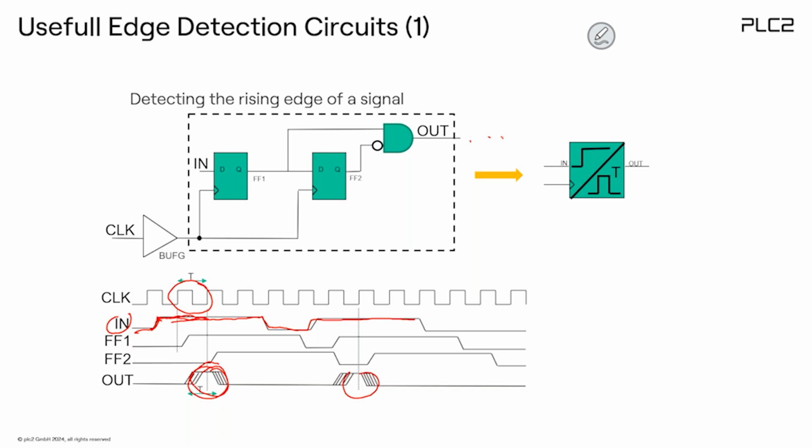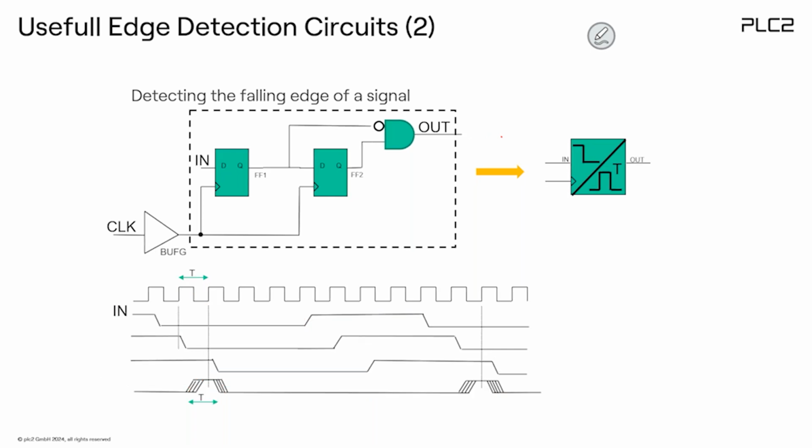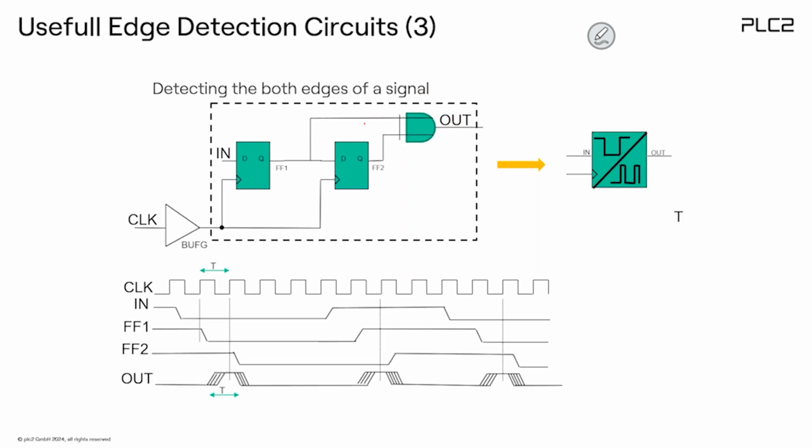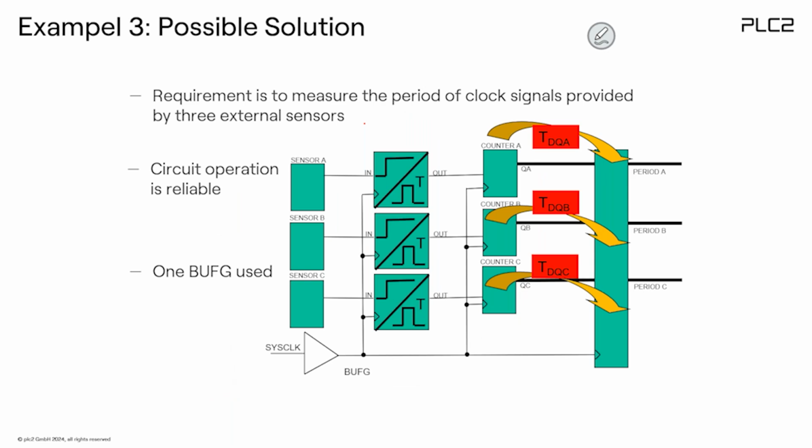So this would be for the rising edge, and this would be for the falling edge. I just change this component here, and this would be for both edges. Okay, and if you do this now, you just take this rising edge function right here, and now we will actually synchronize and capture the signals to pulses.